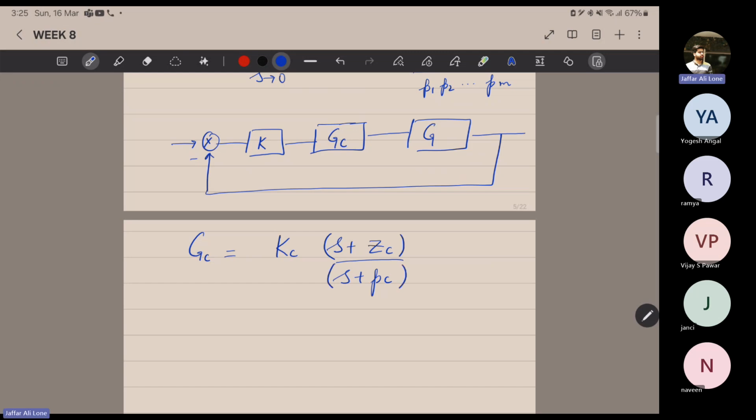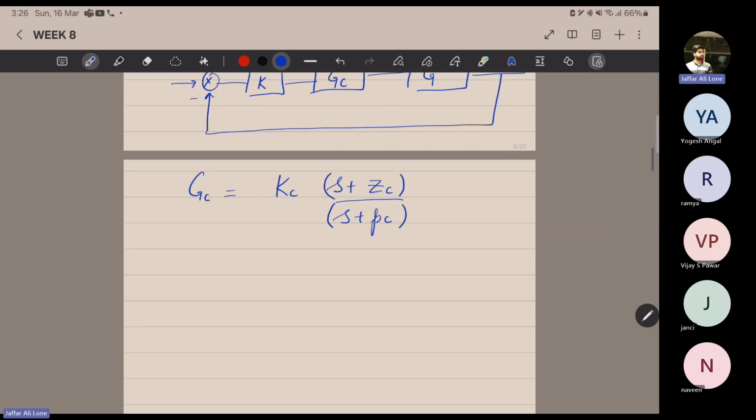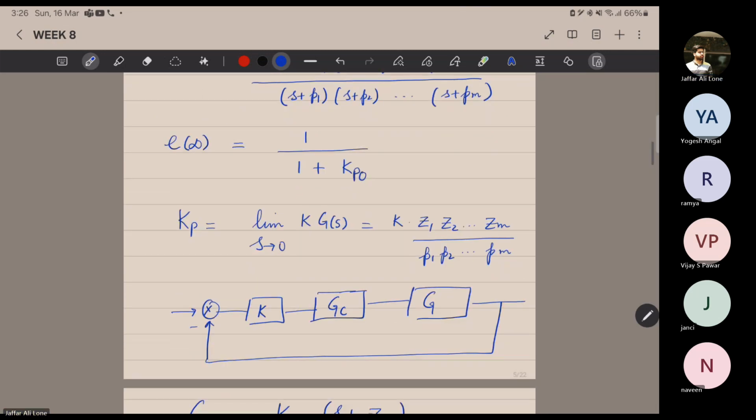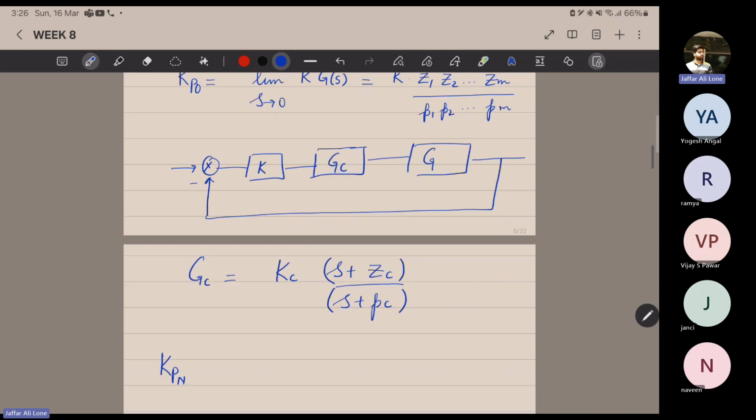In general, this is for both compensators. I'll tell you later where the difference is, but as of now, just remember this is the transfer function of a compensator, be it lag or lead. The differences will come soon. So these are in cascade. What will be Kpn? Let's assume the new Kp, and let's assume this was Kp old, without compensation.